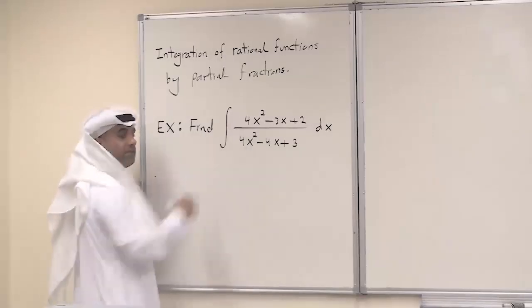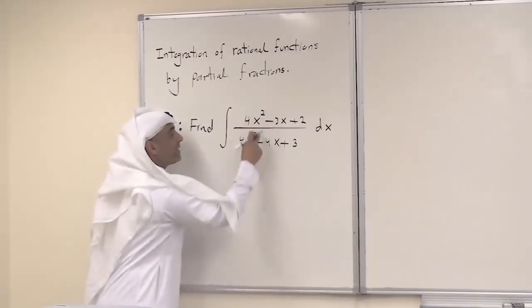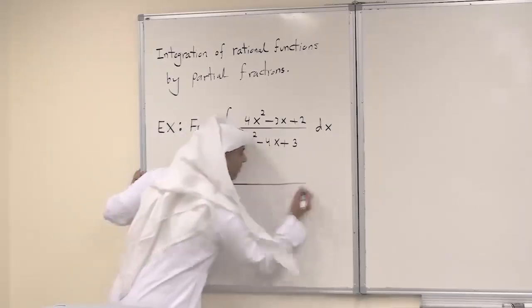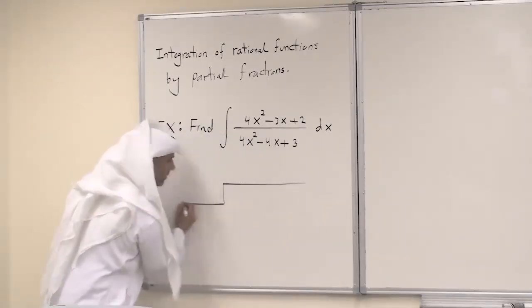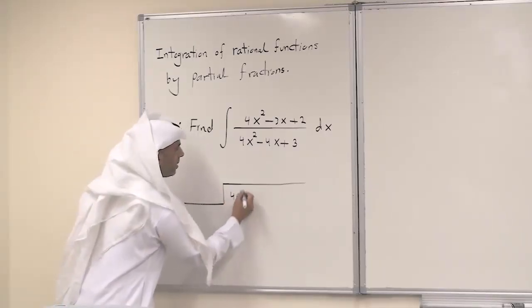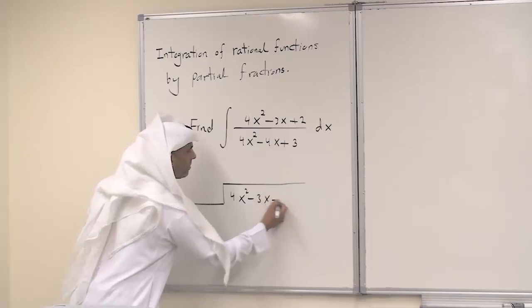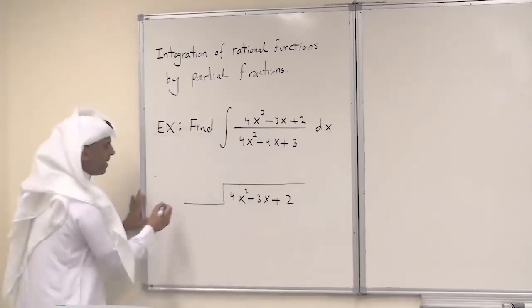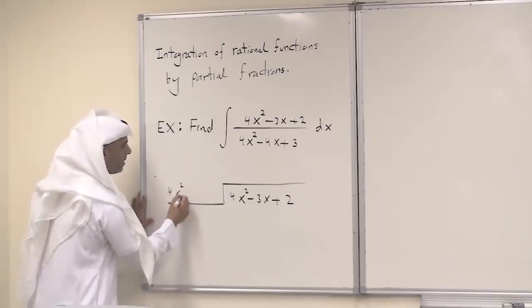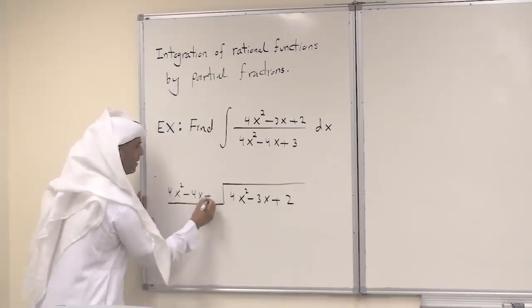Before we start the partial fraction, we need to observe that the degrees are the same. So what should we do? As we suggested before, we need to do the long division. So we need to simplify first, in other words. So I have 4x squared minus 3x plus 2. Now, I divide by 4x squared minus 4x plus 3.